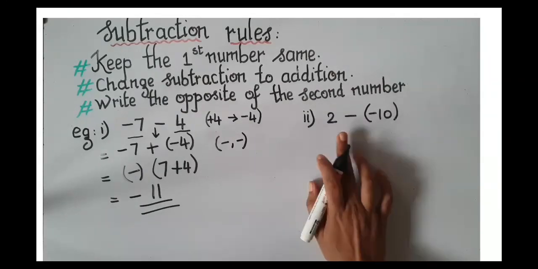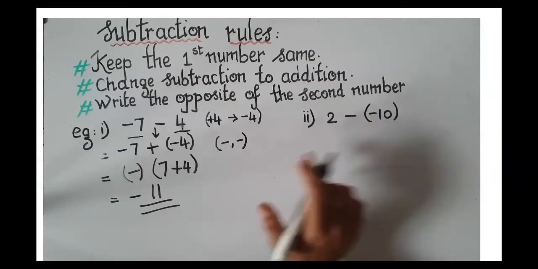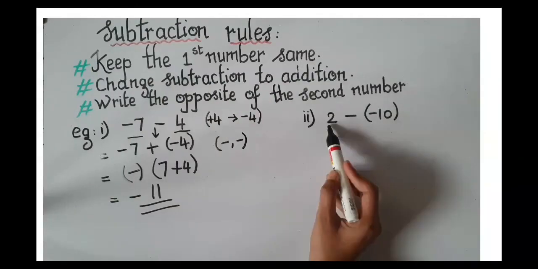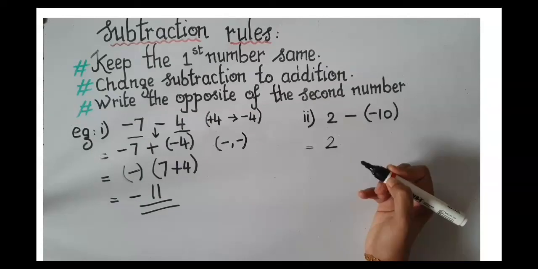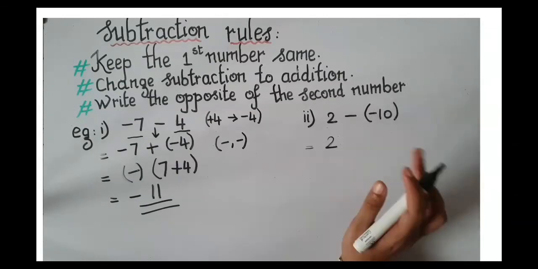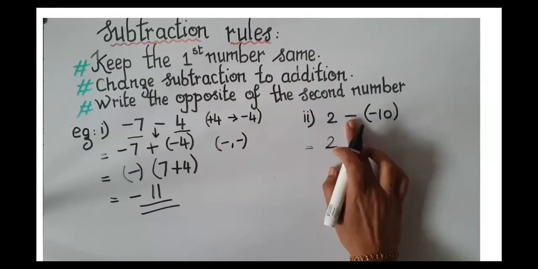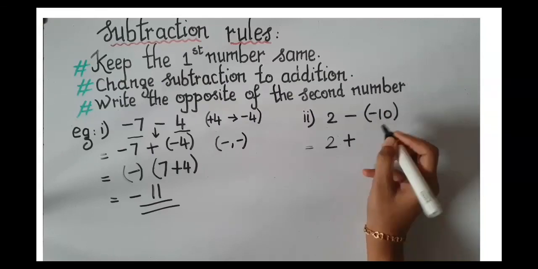Next example, 2 minus -10. Keep the first number the same. So 2, that is +2, I am going to keep the same. Now change the subtraction sign to addition. So the minus sign, that is the subtraction operation, I am going to change to addition.